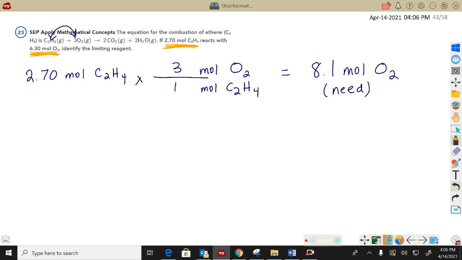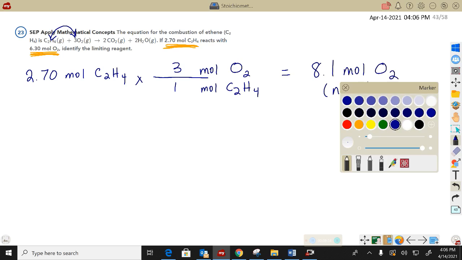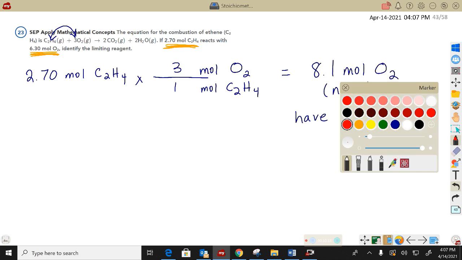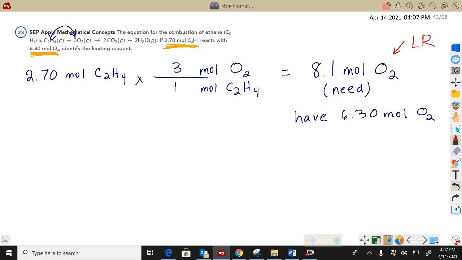And so I say, all right, I need 8.1 moles, but I only have 6.3. I don't have enough oxygen. So if you don't have enough oxygen to completely react the C2H4, you just found the limiting reactant.